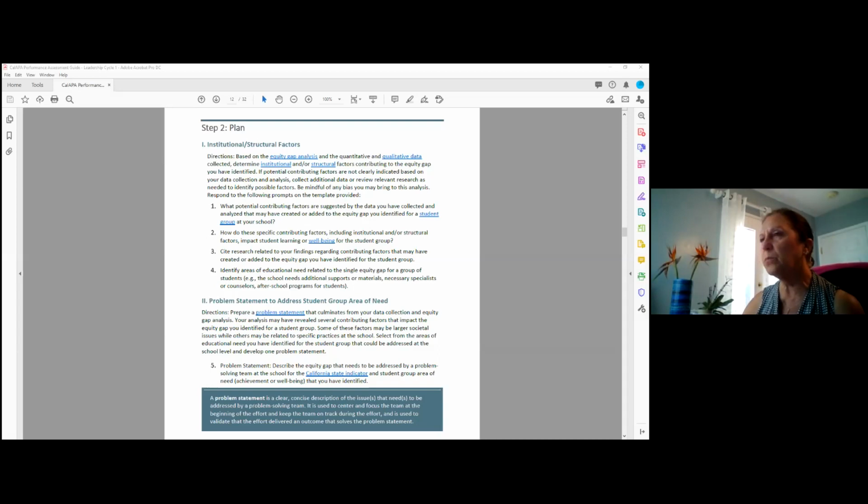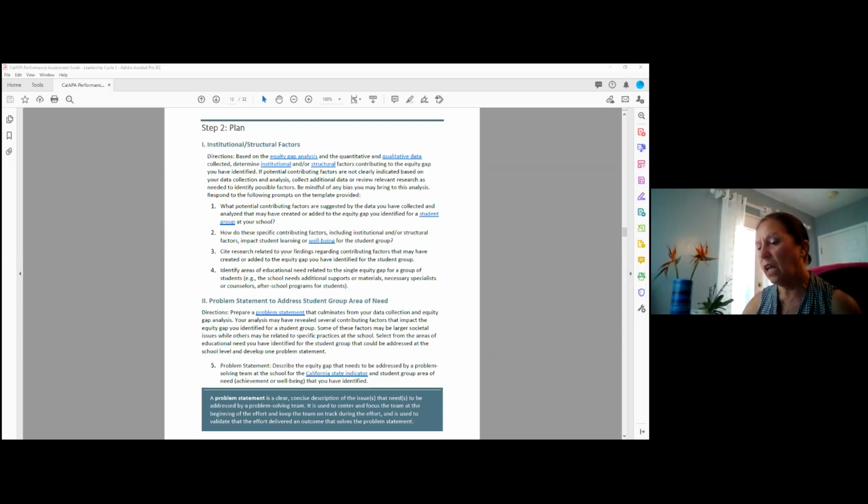A series of questions is provided for the candidate here in this step 2 plan. What potential contributing factors are suggested by the data for the student group at your school? Remember, this is work done at a school site.